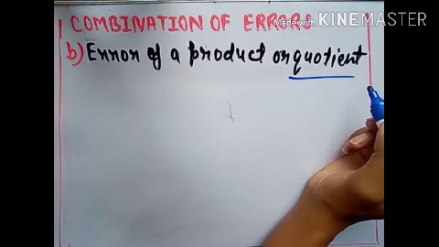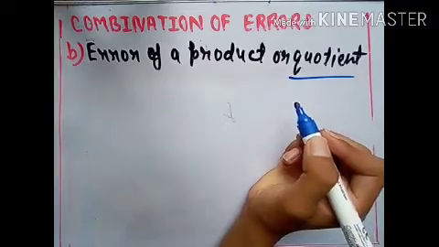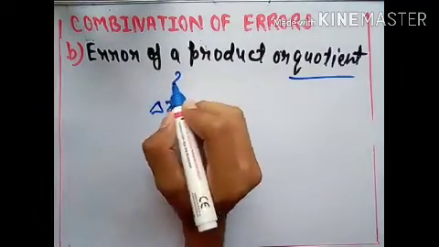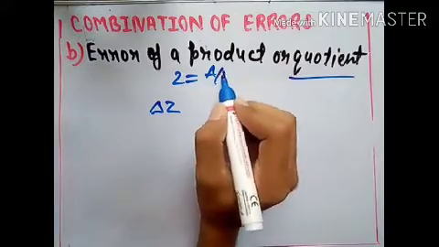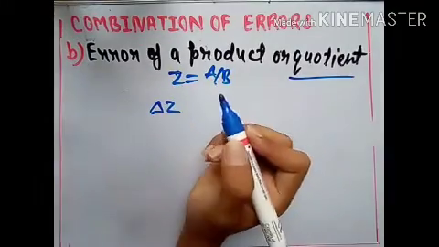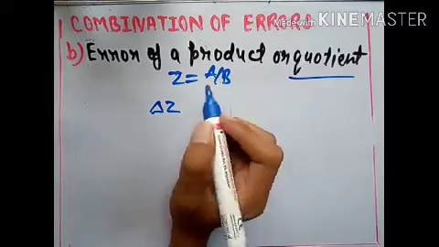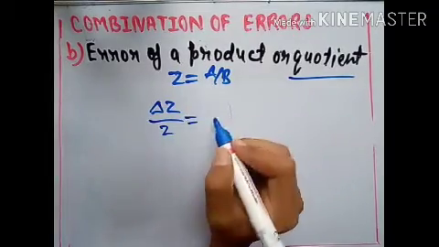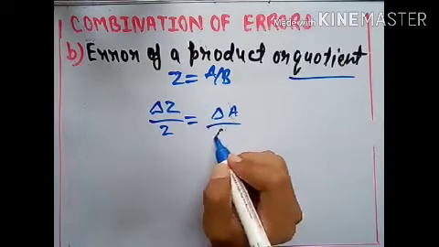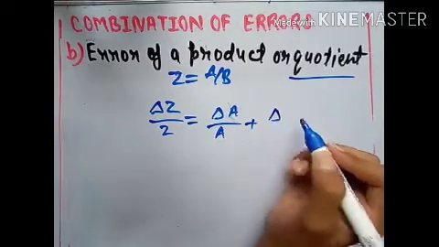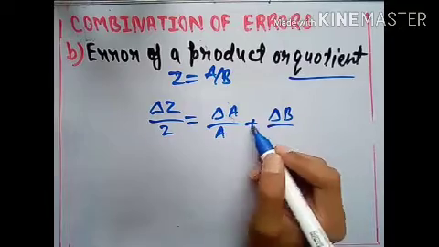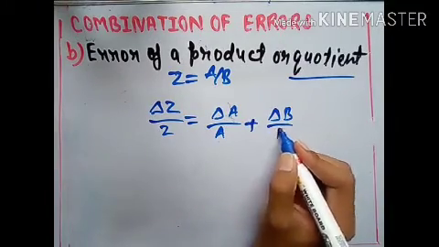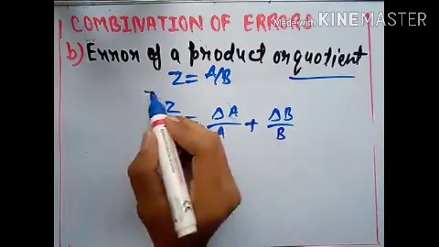So you obtain the same thing when you divide a by b, or even when you divide b by a, because ultimately you are getting this result, and this result follows a positive sign, meaning addition, so there will not be any change.